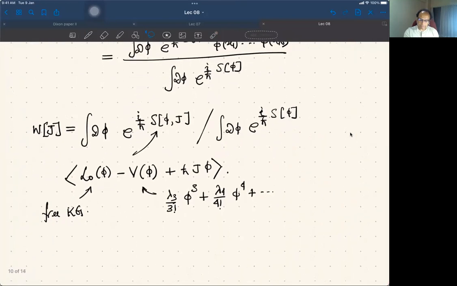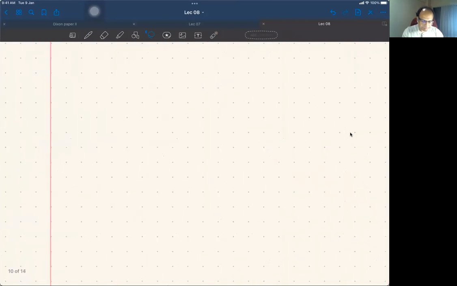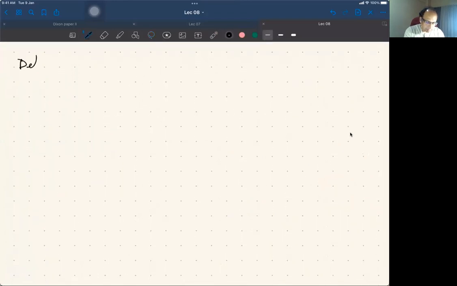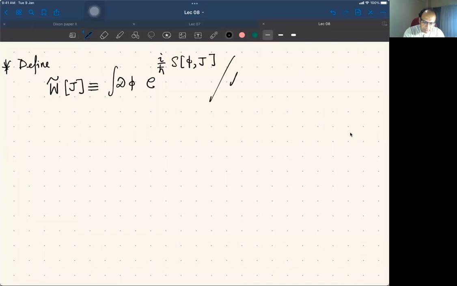So define W tilde of J, which is given by integral d phi e to the power i by h bar S[phi, J] divided by integral d phi e to the power i by h bar S0[phi].